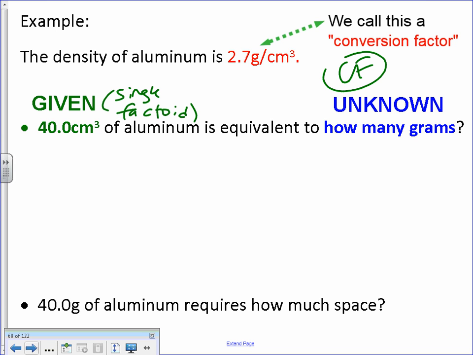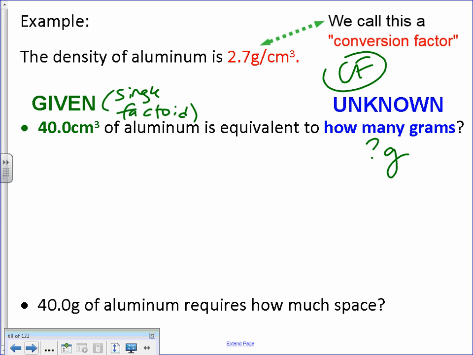That's the glaring point that makes it a conversion factor: it has some sort of fractional unit. The actual question is asking for how many grams. So I usually write to the side G for grams, to indicate what I need to get at the very end of this problem.